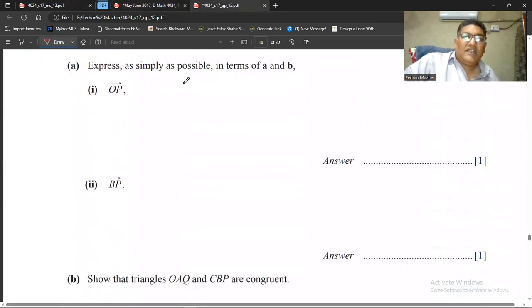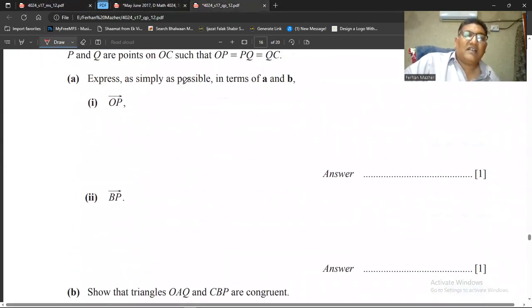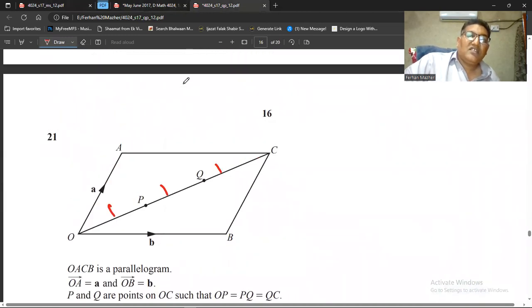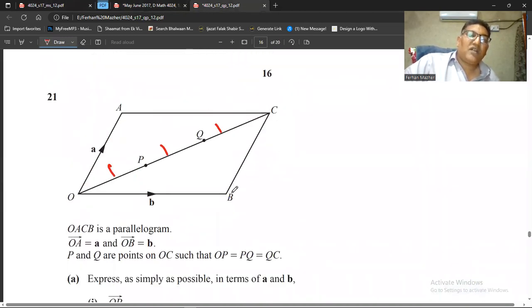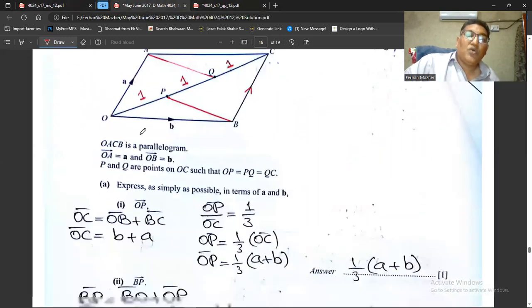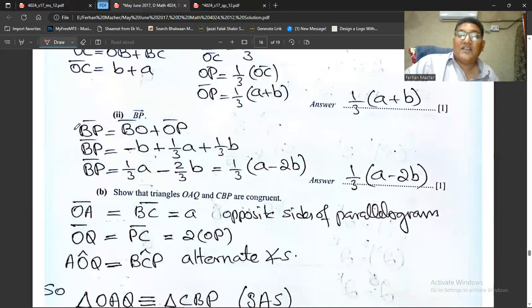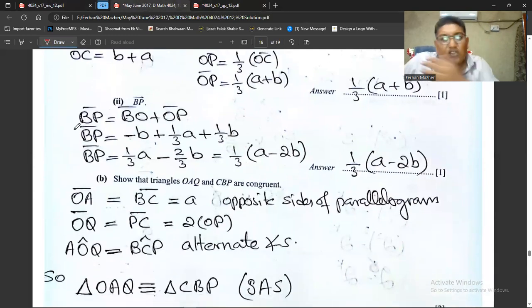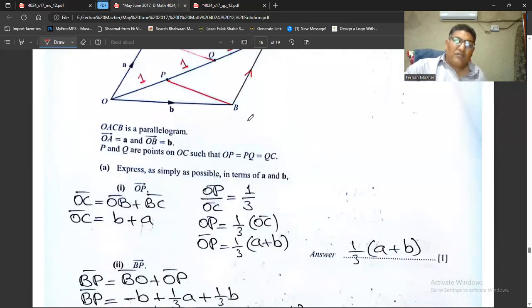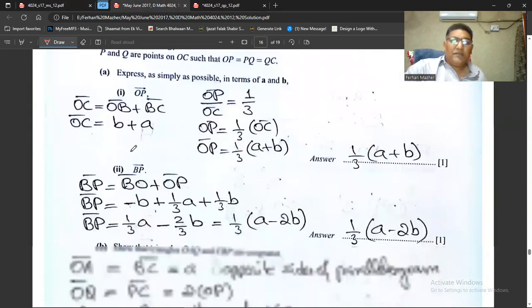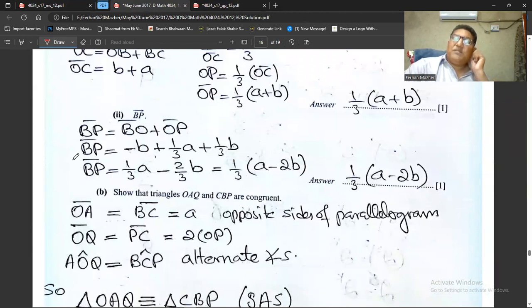Okay. Then we have the second part and that says BP. So I want to find out B to P. This is the bypass. From B, you want to find the BP. From B go to O, from O go to P. Going from B to O will be minus b. Okay. So minus b plus 1 by 3a plus 1 by 3b.